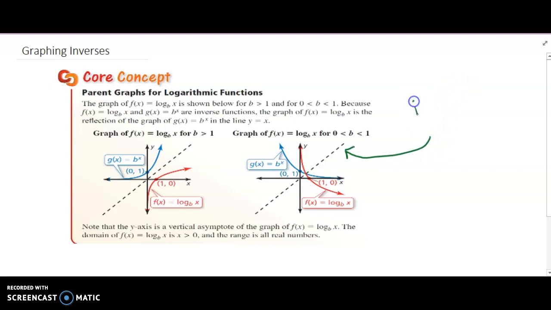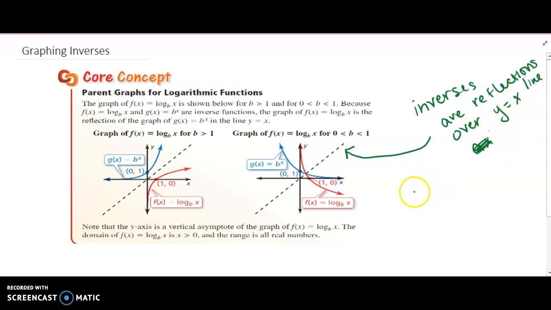So we're going to do that, but then we're going to use the fact that inverses are reflections over the line y equals x. Not the x-axis, the line y equals x.